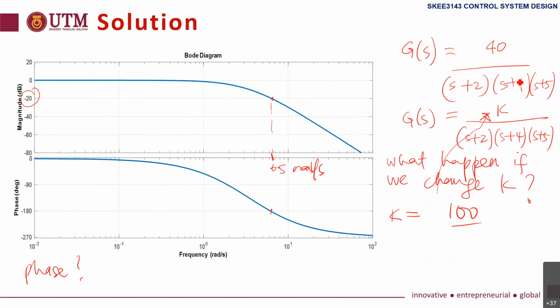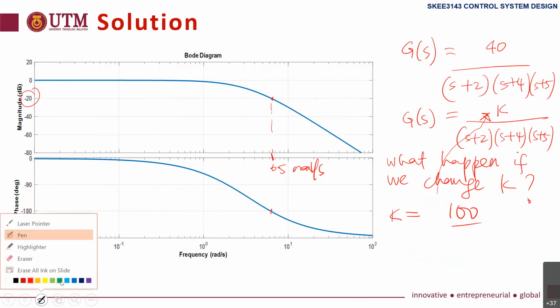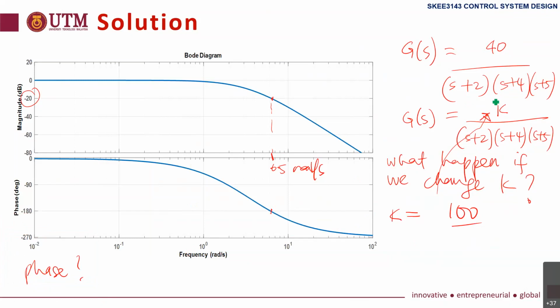Here we have four components: component 1, component 2, 3, and 4. Components 2, 3, 4 are maintained. Only component 1 changes, because I change 40 to 100.